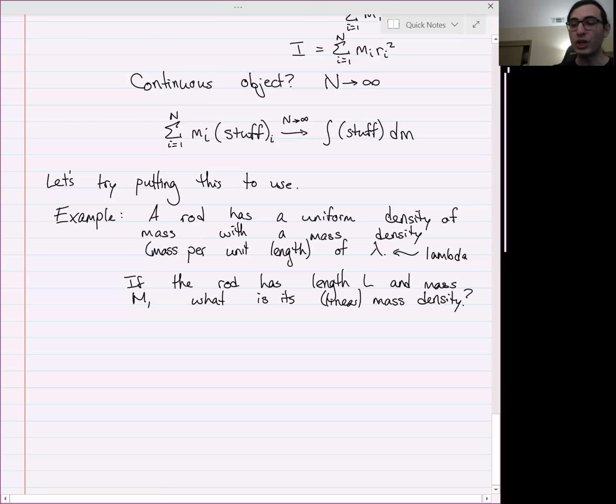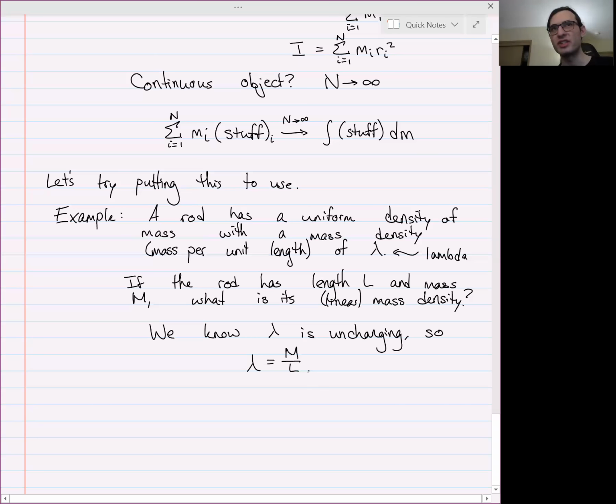Well, because of the word uniform, the rod has uniform density. We know that lambda is unchanging, i.e. the density at one point on the rod is the same as it is anywhere else on the rod. So what we could do is take the whole mass of the rod and divide it by the whole length, and that should give us lambda.